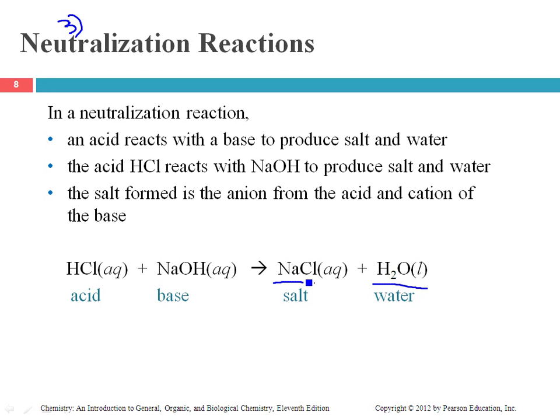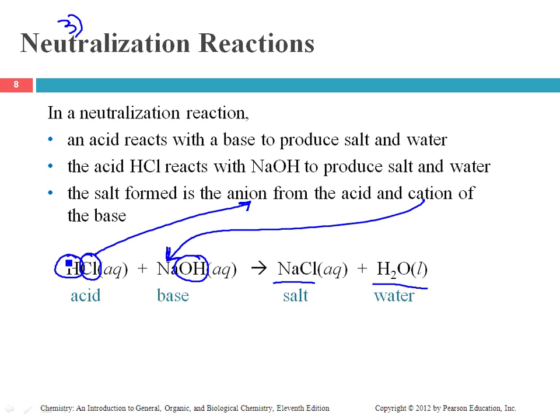Okay, the salt formed is the anion from the acid and the cation of the base. That's what your salt is composed of. And then what you're left with is two hydrogens and an oxygen, which forms water.